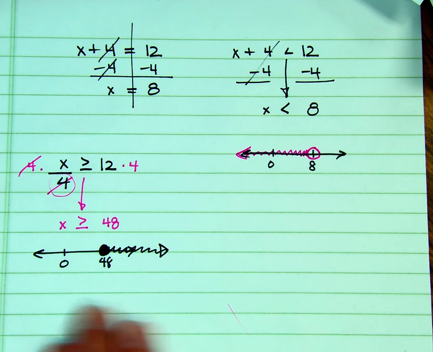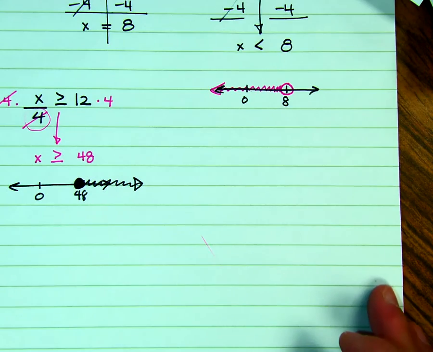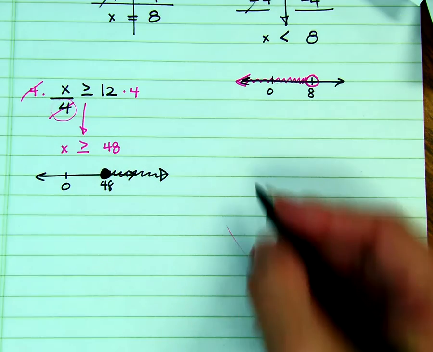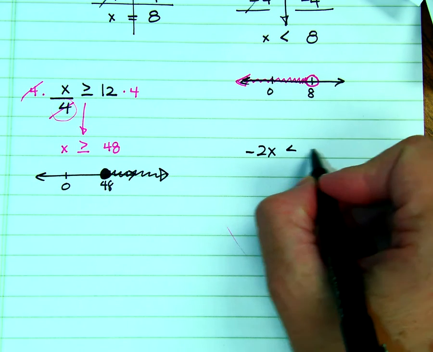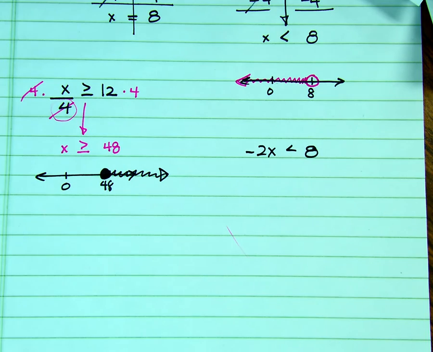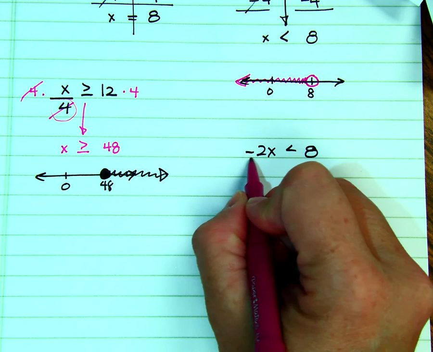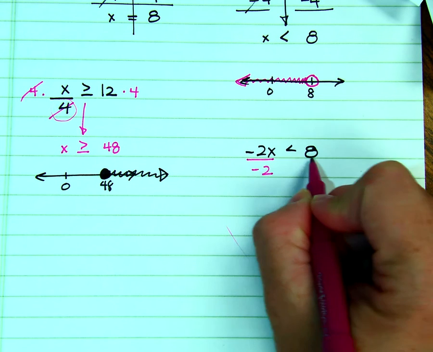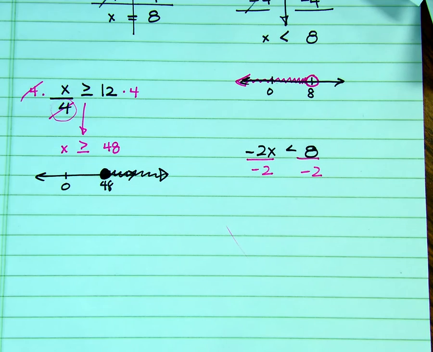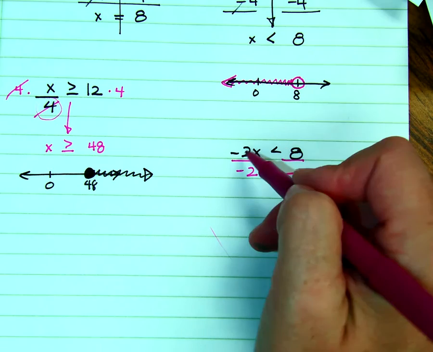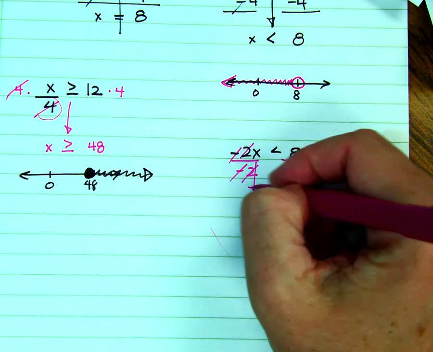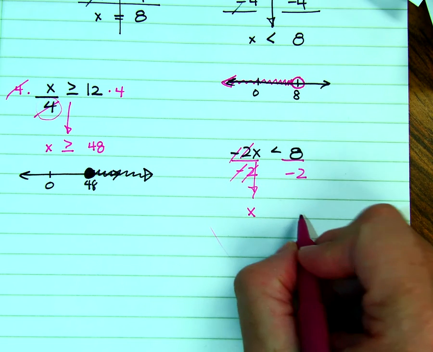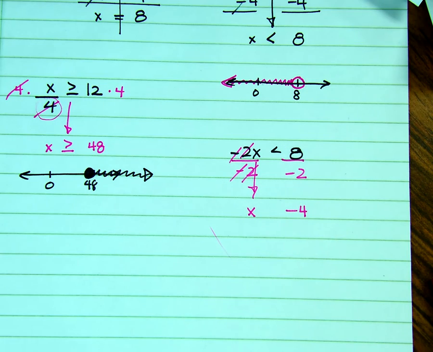Okay, the only thing that is different in all of solving inequalities is this. If you have to divide or multiply both sides by a negative number, so the 2's would cancel, negatives would cancel, you'd bring down the x, and you'd bring down the negative 4.